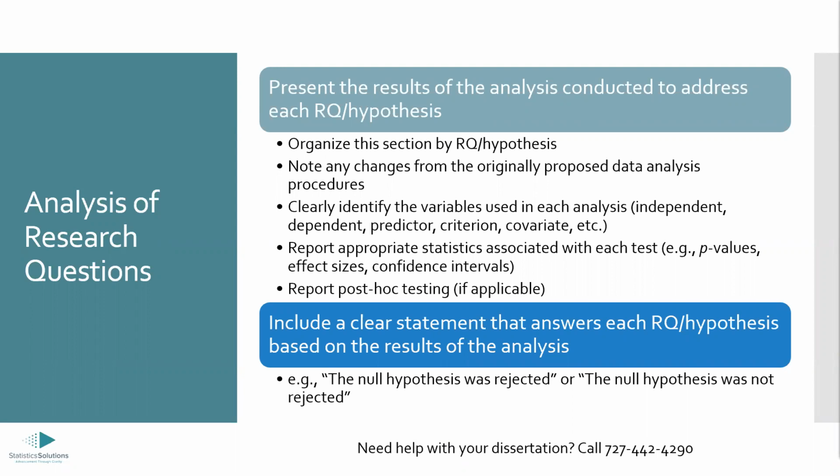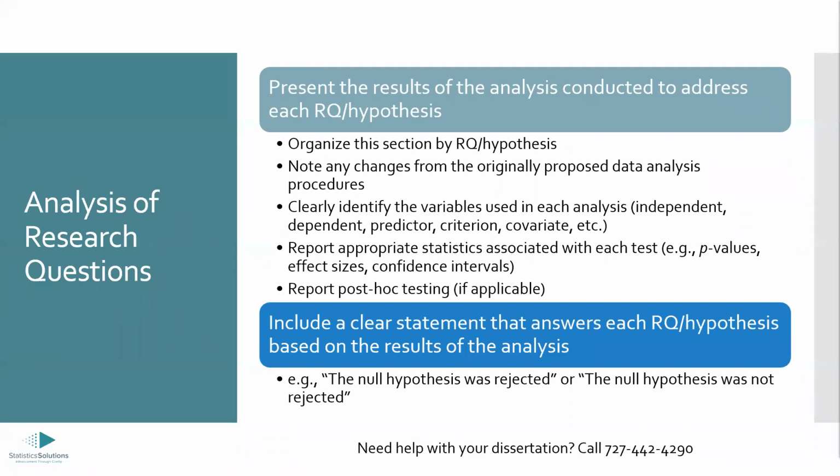And much like your data collection procedures, if there are any changes from your originally proposed data analysis procedures, you want to note what those changes were. Again, for one reason or another, maybe the analysis you originally planned to do, you weren't able to do. And that could coincide with changes in your data collection plan.